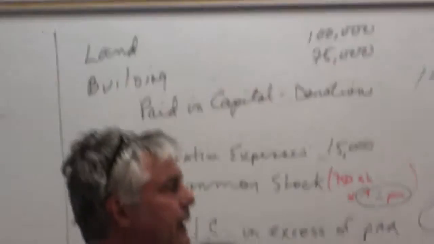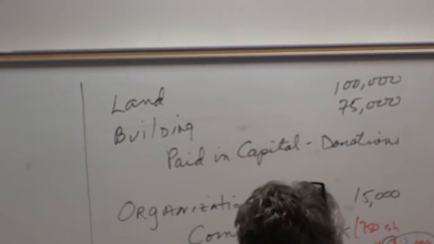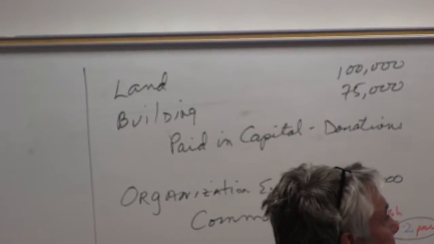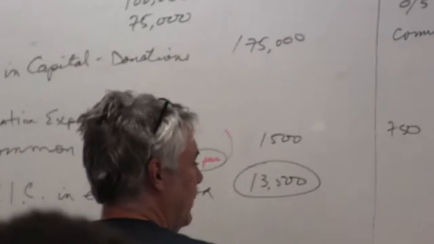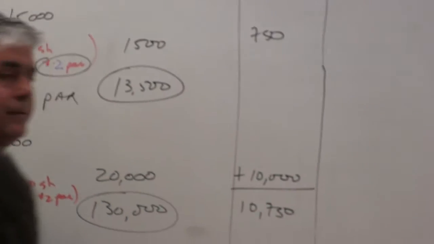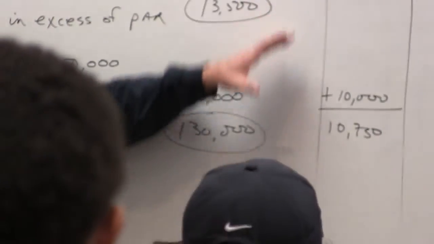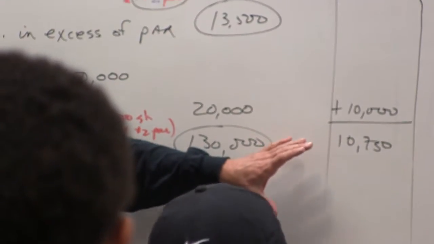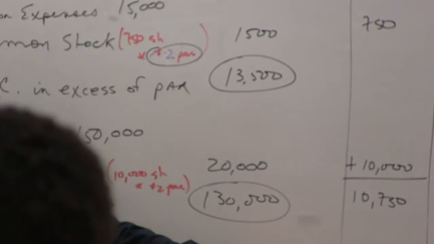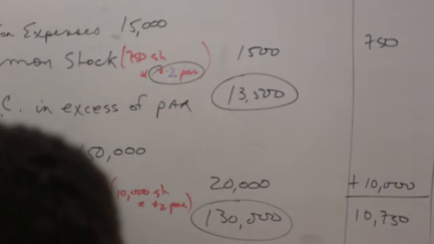Okay, look here, I forgot to keep this running total here. Gave them 750, we issued another 10,000, so we're at 10,750. As you're keeping this running total of outstanding shares, please do it next to the transaction that made the change.